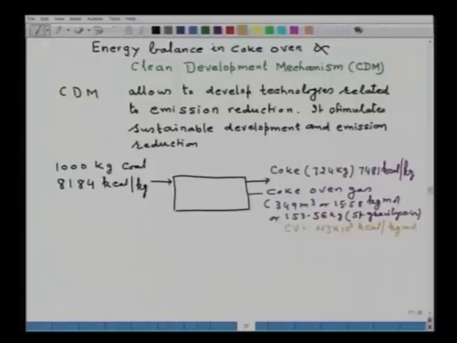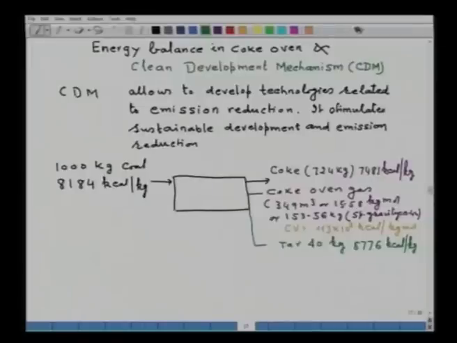That is what we have determined. Now, as a result of this coke oven operation, we have also found that the tar is also produced, and the tar was amounting to 40 kg, contains 8776 kilocalorie per kg as its calorific value.